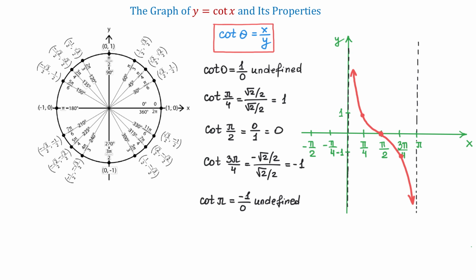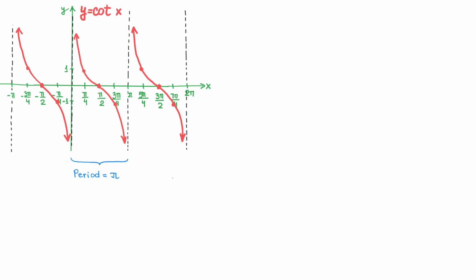And because the distance between two consecutive asymptotes is pi, we say that the period of this function is pi. Now this graph will repeat itself to the left and to the right indefinitely. I will repeat this graph over a few more periods, and then we will talk about the properties of this function. So here we have the graph, and now let's talk about the first property.